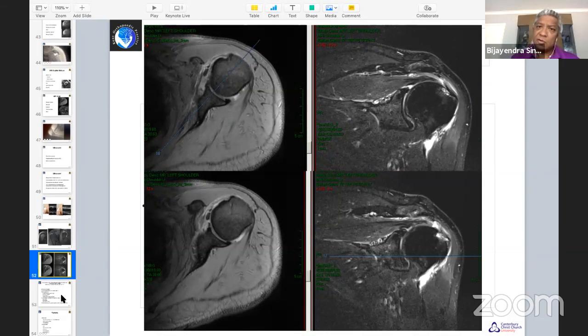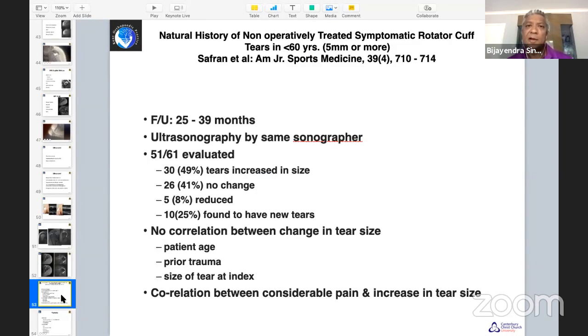Now, the question is whether these rotator cuffs need to be operated upon. So what's the natural history? This could be a potential question. This is one of the studies looking at natural history of non-operative treatment of symptomatic rotator cuff tear.